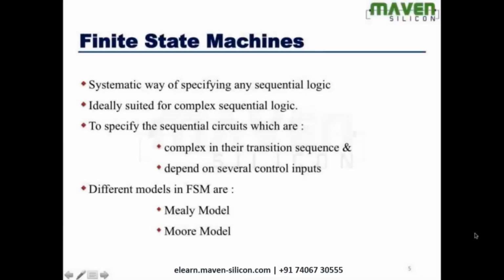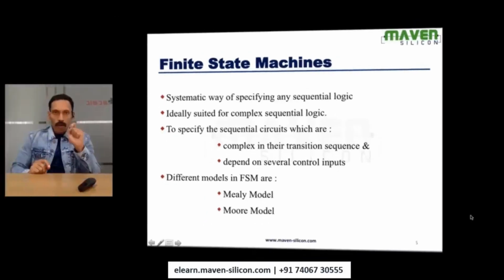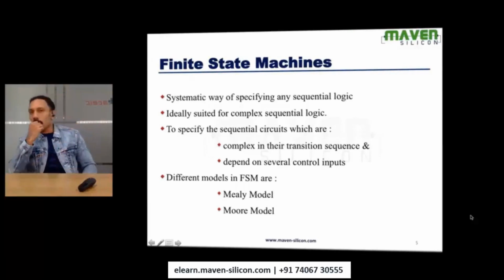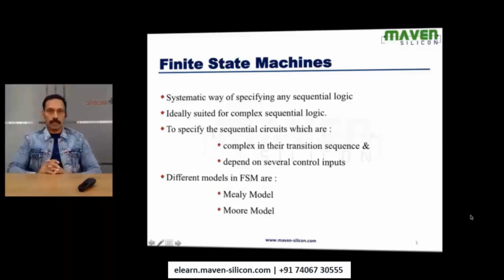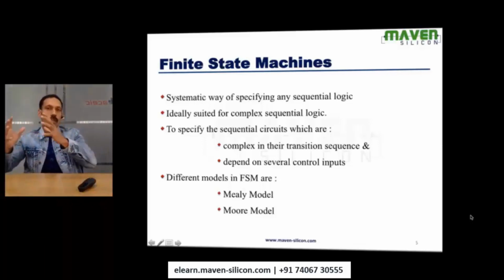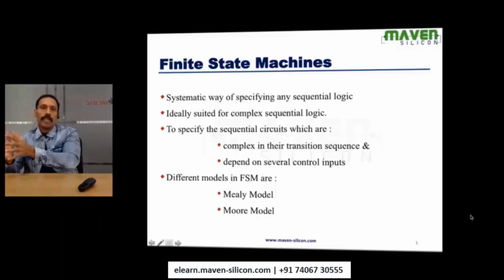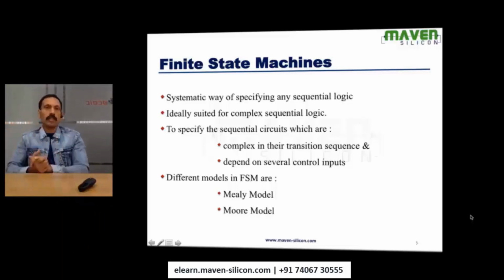Okay, when we go for finite state machine: if the functionality of any sequential logic circuit is very complex, then we go for finite state machine. Let's say the logic circuit moves through various possible states. There are different kinds of control inputs. For a particular set of inputs, it gets into a particular state, and based on the state, it produces a particular output.